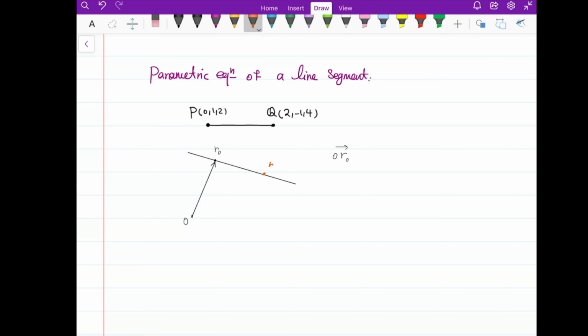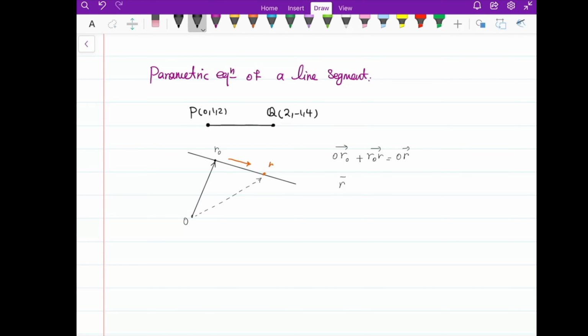For example, let's assume this is a point R on the line, and I have this vector R0R as the direction vector of my line. So OR0 plus R0R would be this vector here, OR, right? So OR0 is just the coordinates of R0 minus 0, 0, 0.